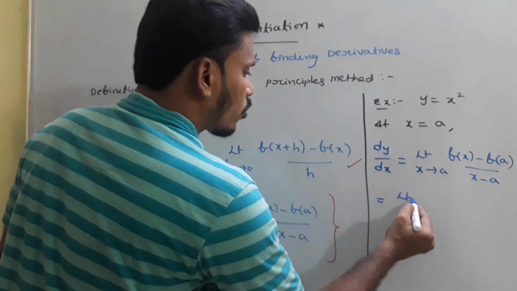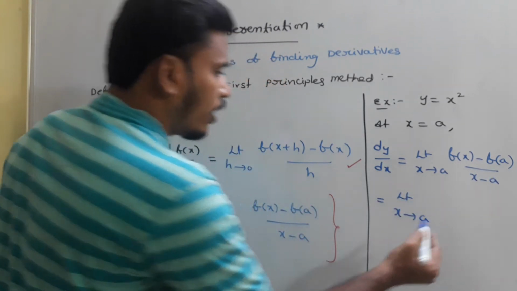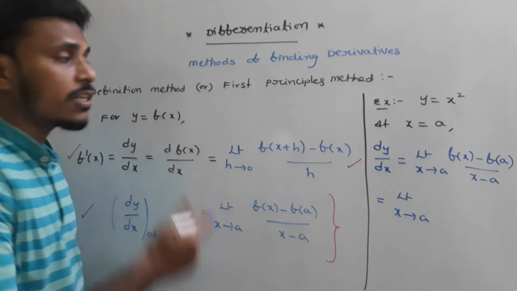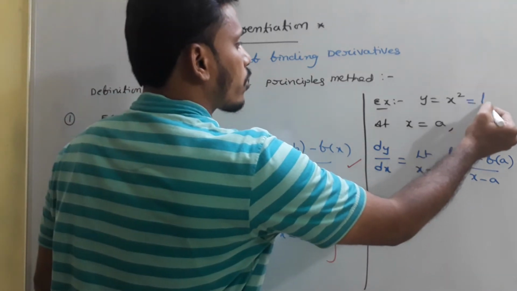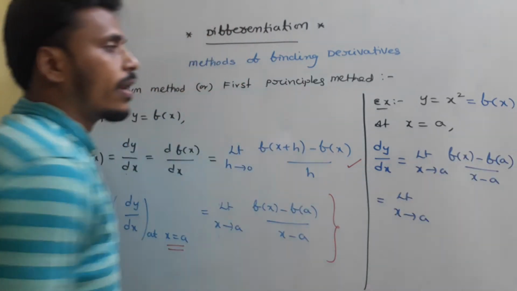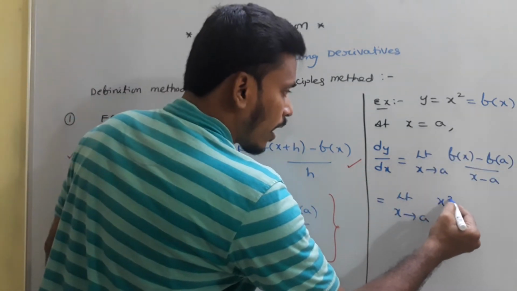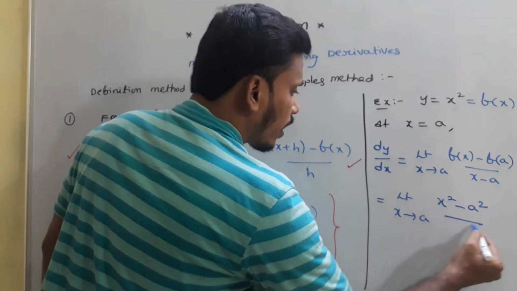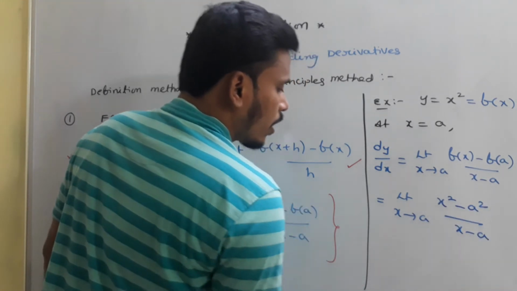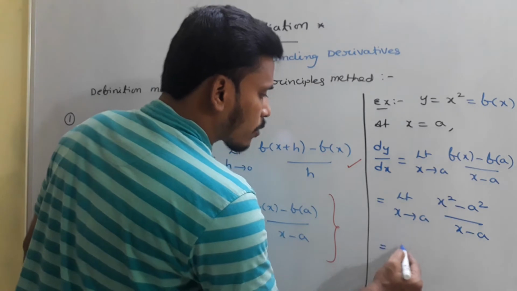Since given y is equals to x square, treat that x square as f of x. So f of x is x square, and f of a is a square, divided by x minus a. So x square minus a square by x minus a.